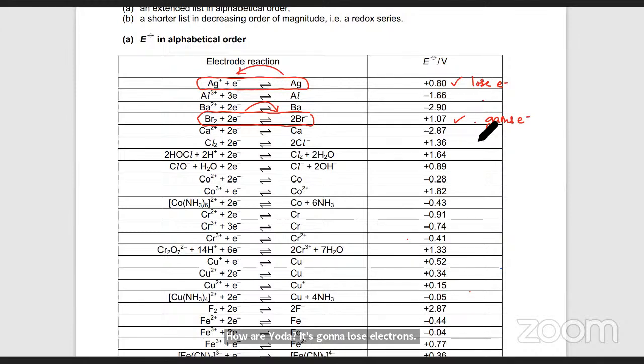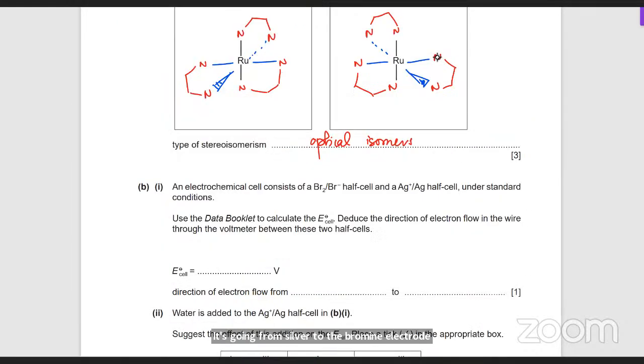The lower is going to lose electrons, and the higher one is the one that's going to gain electrons. Okay? So from where to where is it going? It's going from silver to the bromine electrode. So here you write that it flows from the silver electrode to the bromine electrode.